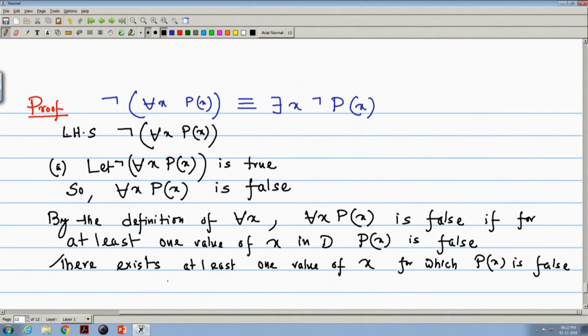By using the existential quantifier, this statement we can write as, there exists at least one. That means, there exists x, p x is false, that means negation p x is true.